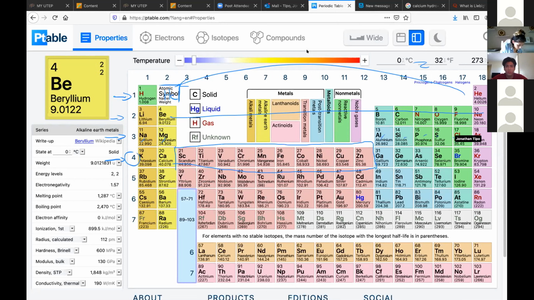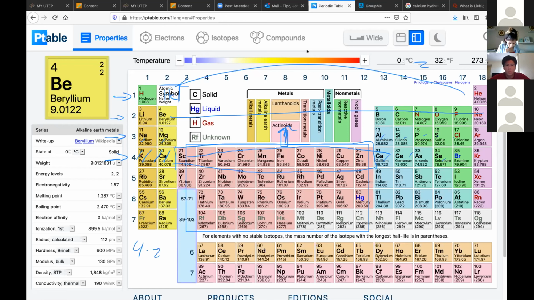But when you get to the 4th element, and I think this is where your question is, you fill up the 4s ones and then the 3d ones, and then you go into the 4p shell. So you always fill up the first 2 in the 4s shell, and then you fill up the 10 in the 3d shell. It's kind of confusing, but just remember for every section, this one moves up a shell, so all of these will use that 3d shell.